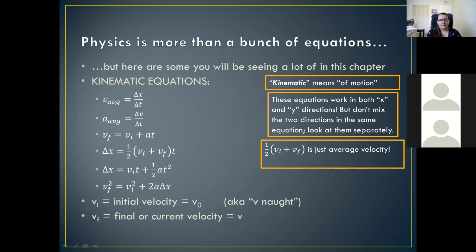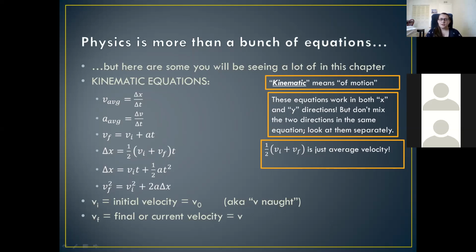Okay. Different textbooks and different professors will write these variables slightly differently. So you might see initial velocity written as VI, I for initial, or V0, which is pronounced V naught, and that's just saying that at time equals 0, that's your velocity. So your initial velocity can be written both ways.